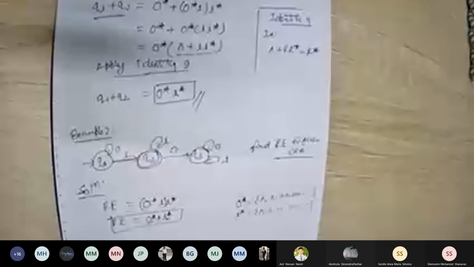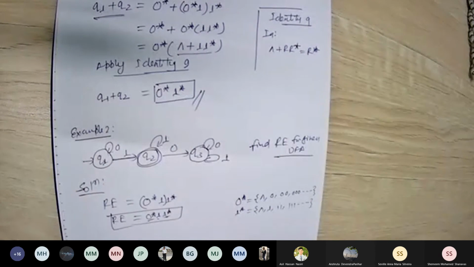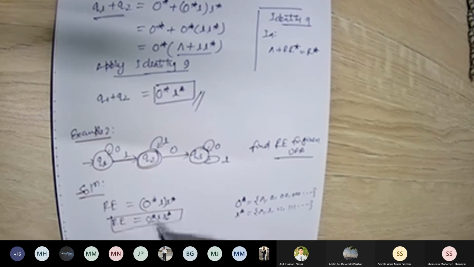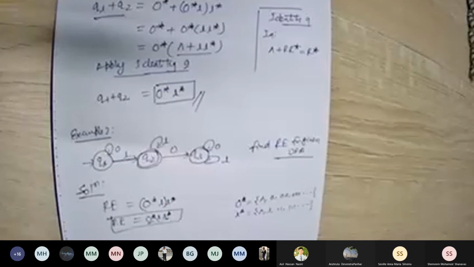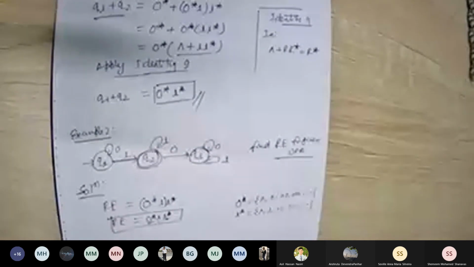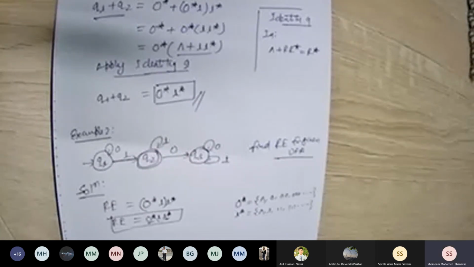So what can you make? This diagram you can make, only this much, first two states. And the solution will be this regular expression, 0 star 1 star. Okay. So hope you understood this process. Any confusion, anybody? No, sir.